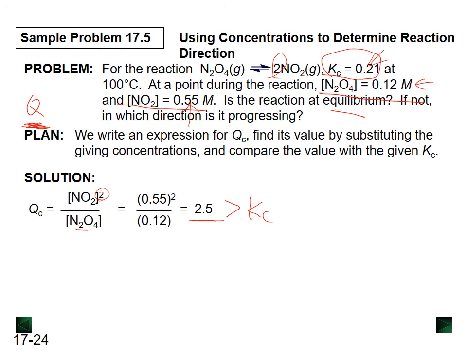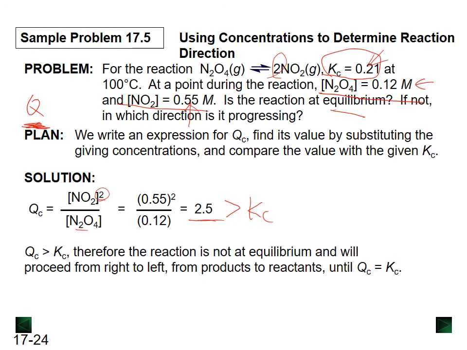If Q is greater than K, that means the reaction has too much product. It must decrease product, increase reactants, and that goes in the reverse reaction. So the answer is the reaction is not at equilibrium and will proceed from right to left. The reverse reaction is to the left side, proceeding toward the reactants.